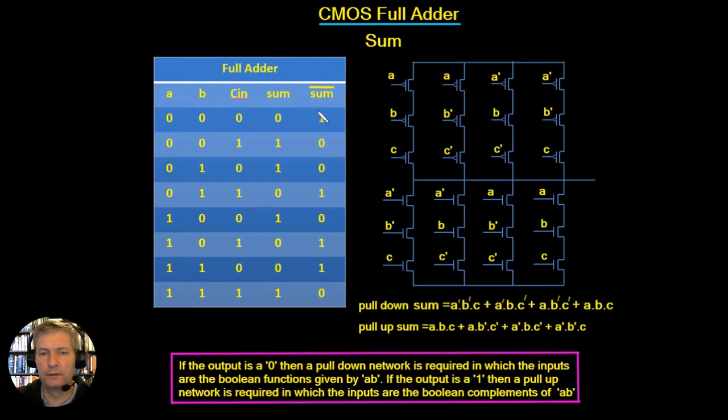So that means that if you look here, there's going to be 1, 2, 3, 4 pull down networks. Okay, so there's 4 networks that are going to be in parallel, and that's the 4 networks there, 1, 2, 3 and 4. So those are 4 pull down networks.